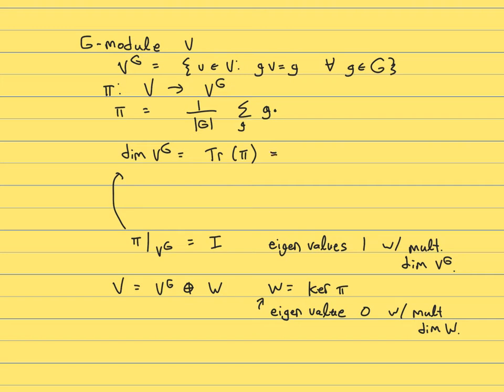Well, you can compute the trace. In this case, this way. Now, finally, I have to point out the fact that we're really looking at a representation. So how do you actually compute a trace? Well, you compute a trace of the corresponding matrices, and finally you get a character.